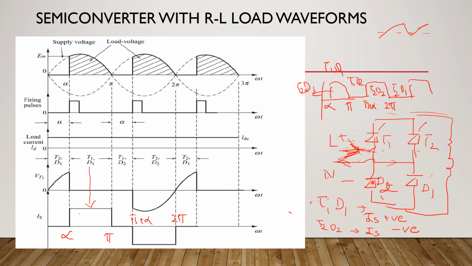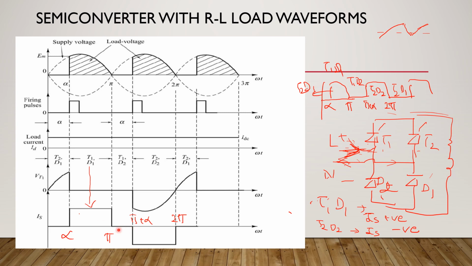If the devices on the same arm are conducting, it is just like a short across the load. There will be current, but the output voltage will be zero, and there is no supply current because the supply current has to find a path. There is no path for the supply current to start and end, because we have only T1 and D2 in conduction, not the T1 and D1 combination or the T2 and D2 combination. So supply current is equal to 0 at this instant.